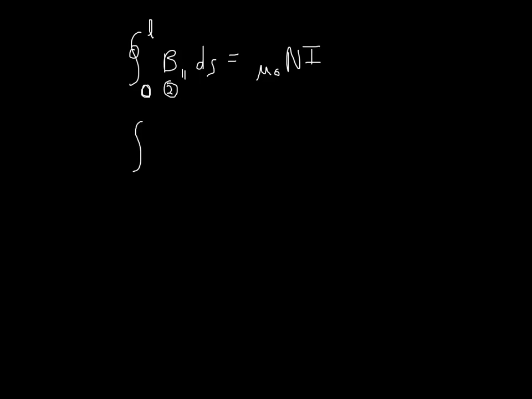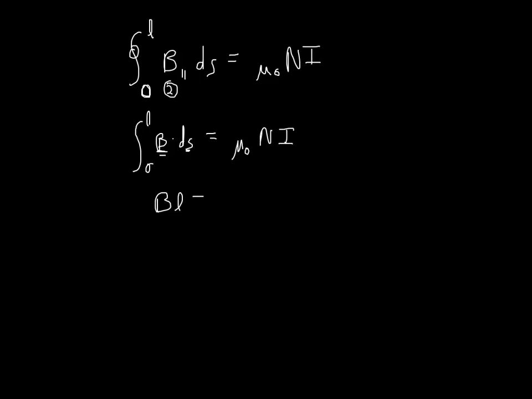So I need to integrate from 0 to L, B dot ds is equal to mu naught times n times I. If I integrate over ds, the B doesn't depend on my position. So I just integrate over ds from 0 to L, and I just get out an L from that integral.